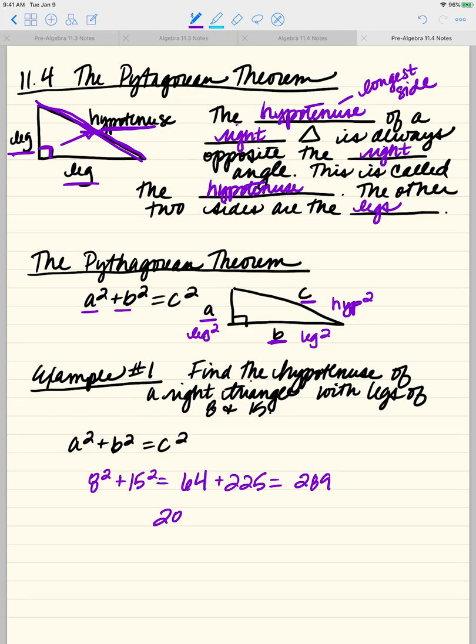So 289 is equal to c squared. How do I get c alone? I take the square root of both sides. C is equal to the square root of 289, which is 17, okay? It's the positive root. It can't be negative because a distance can't be negative, okay? So when we're dealing with the Pythagorean theorem, we're always going to be dealing with the positive root, all right?